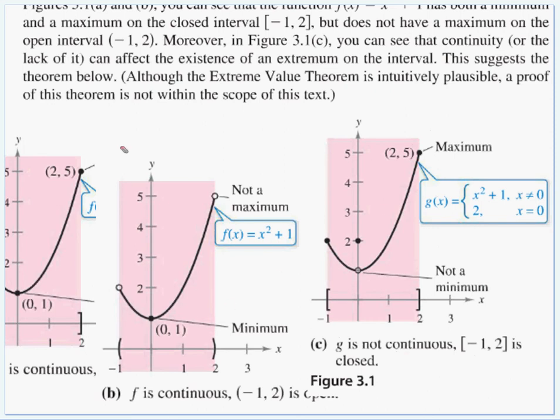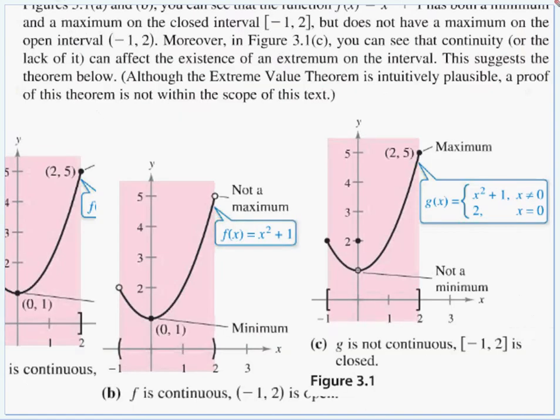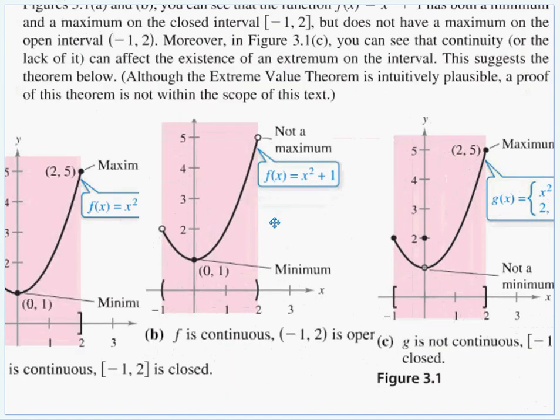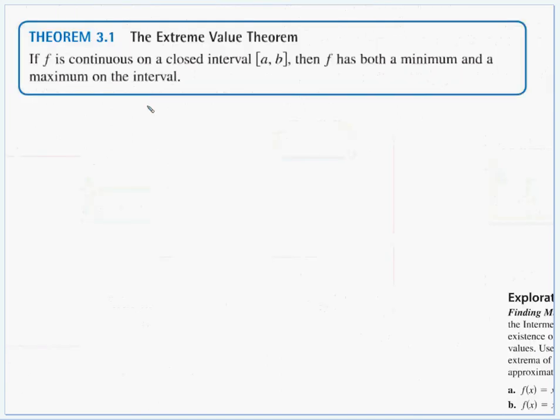So this leads us to the extreme value theorem. And what we just did here was a setup. Notice we had two things below. Our function being continuous: was the function continuous? And was our interval open or closed? So here in the theorem, it's pretty straightforward. If your function is continuous and your interval's closed, then the function is guaranteed to have both a minimum and a max.